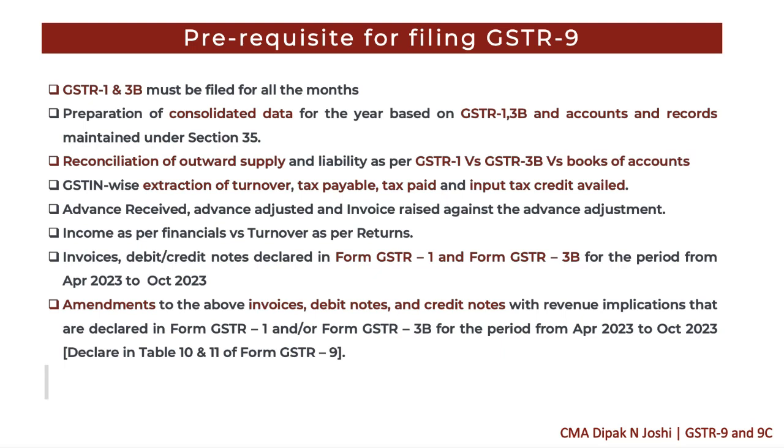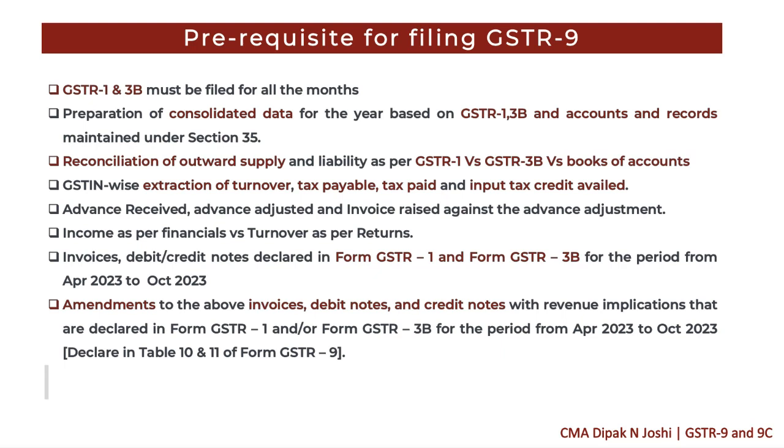For example, suppose for financial year 22-23, a registered person missed reporting a transaction in GSTR 1 as well as in GSTR 3B. At the time of finalization of books of account, he understands that he has not uploaded one invoice. So he reported that invoice in the month of April or, say, in the month of May before October 2023.